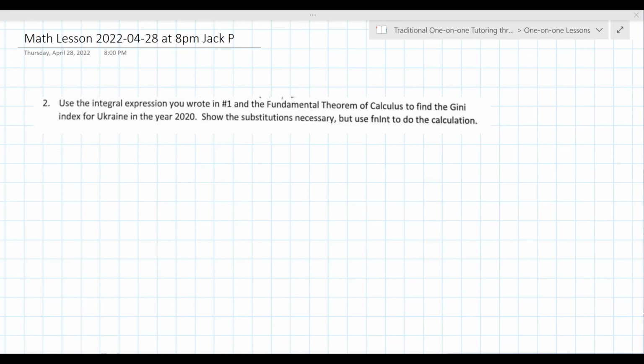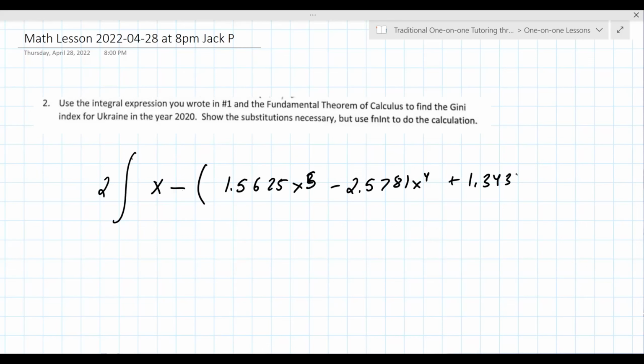So the Gini index is 2 times the integral of x minus that awful expression for the Lorenz curve: 0.xxx x to the fifth, minus 2.5781 x to the 4th plus 1.3438 x cubed plus 0.2406 x squared plus 0.4313 x dx.